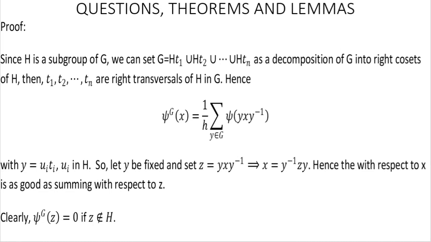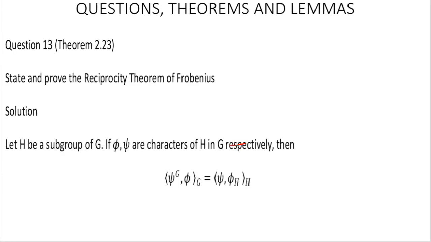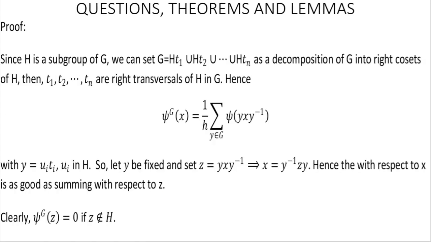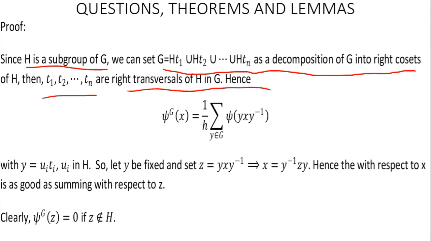Firstly, because we have an induced character in the first side, we want to move from left to right. We'll first consider the fact that H is a subgroup of G, and that we can write the decomposition of G into right cosets of H, with T1 all the way to Tn as right transversals of H in G, and so it will satisfy the equation I'd written on the screen earlier on. So we know that Y will be UiTi, and the Ui are in H, as you expect.